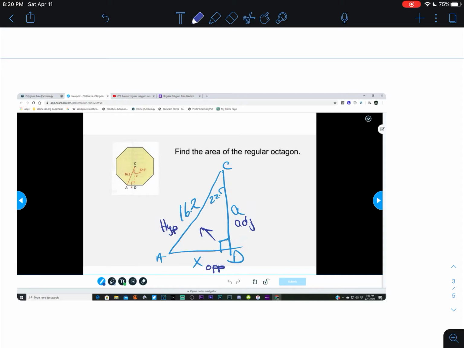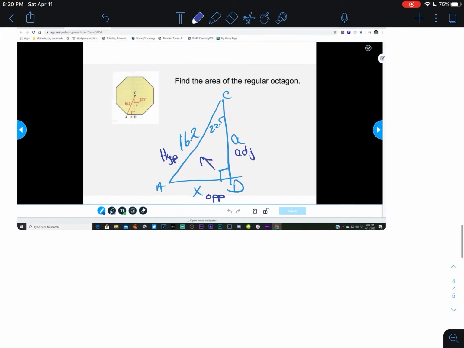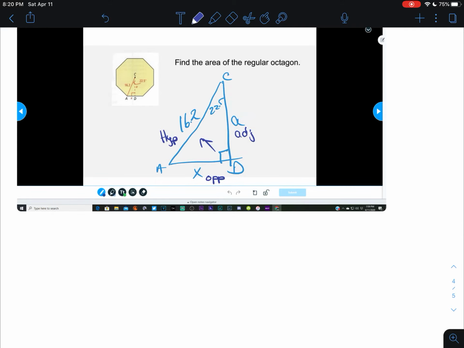So like you said earlier, it's most likely going to be trigonometry, but we've got two trig functions that we're going to have to use. Okay, so let's do our apothem first. A is adjacent to our angle, and the hypotenuse, of course, is 16.2.